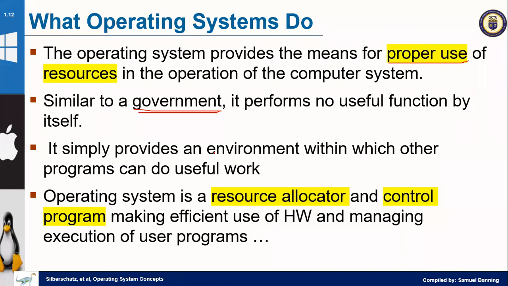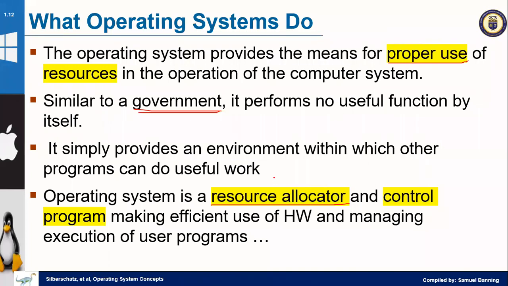In this case, the government or the operating system becomes a resource allocator. Okay, there are resources in the computer system. We have the keyboard, we have the input devices, we have the output devices, we have the display. All these are resources that the computer has.